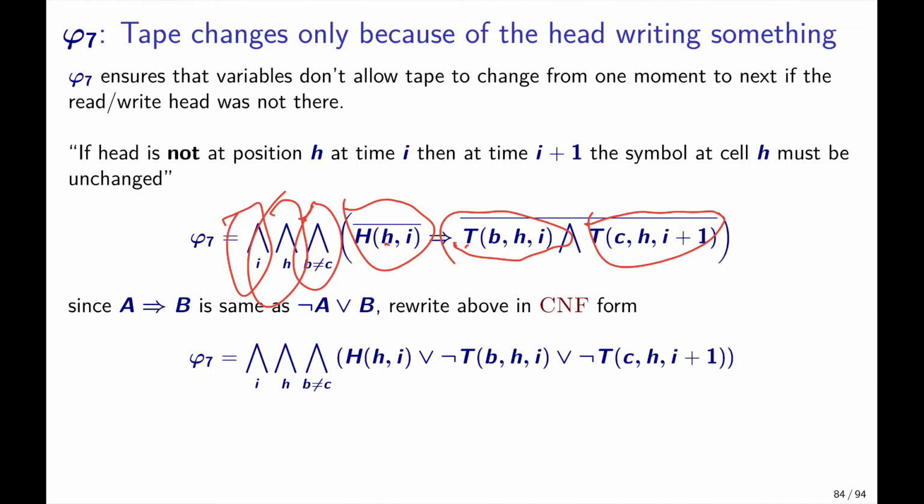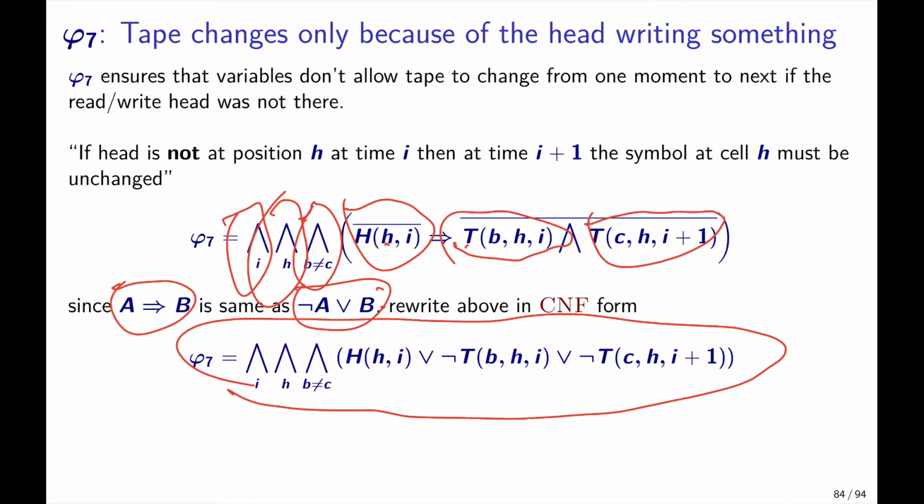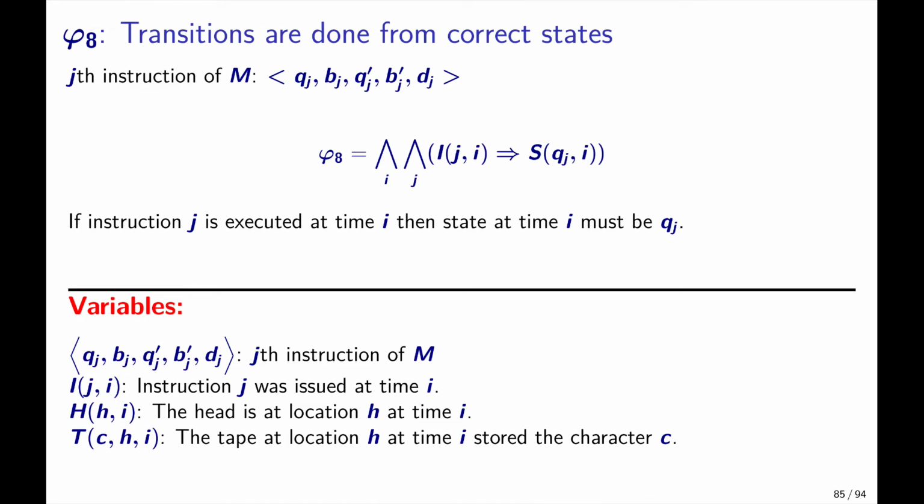Now you have to use the fact that implication A implies B is equivalent to not A or B. This is a standard logic formula, which means that if you substitute it in, you get a big CNF formula. So we got a CNF formula that says the tape doesn't change on its own. There is no immaculate change of tape. Okay.